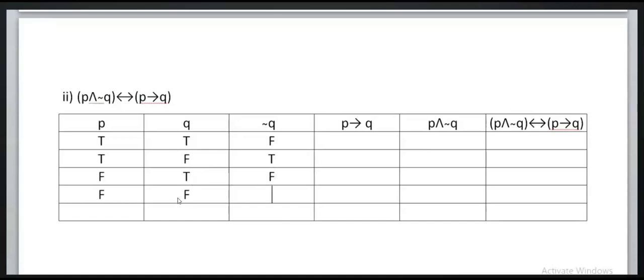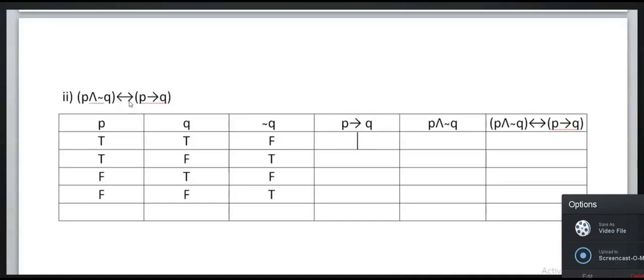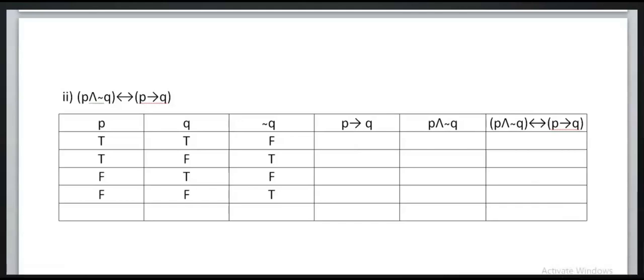Negation of T is F, negation of F is T. Next is the implication P implies Q. P implies Q means T implies T, that is T. T implies F is F. F implies T is T. And if both are the same, then it is true. Now P and negation of Q: T and F is F, T and T is true, F and F is F, then F and T is again F.